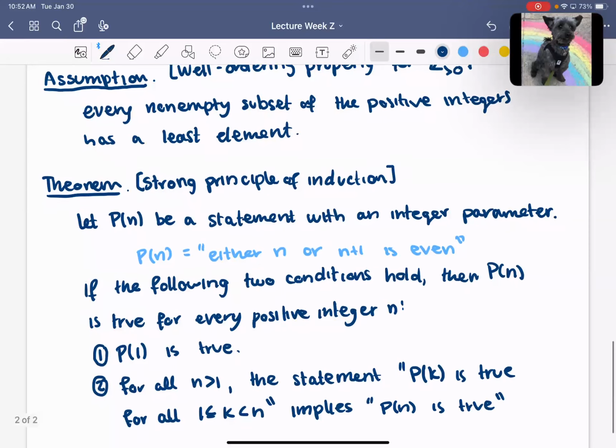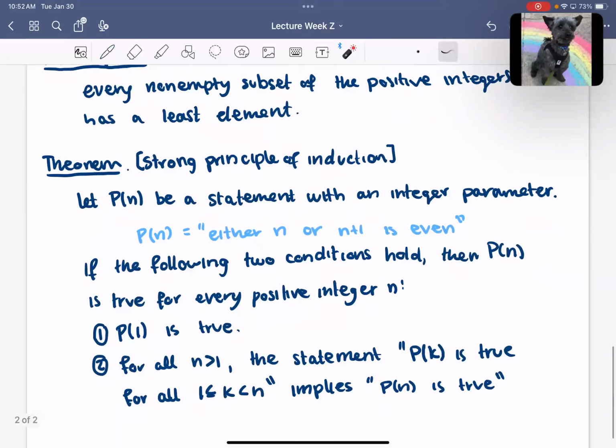Okay, so let me break this down a little bit. So what this is saying is, let's just assume that P of k is true for all k in between 1 and n. If we can use that assumption to prove that then P of n must also be true, then part 2 is satisfied.